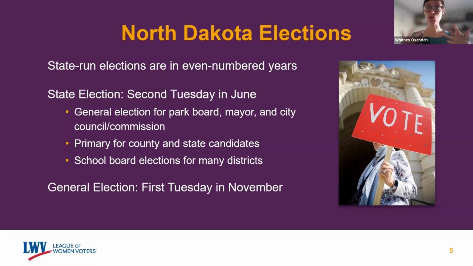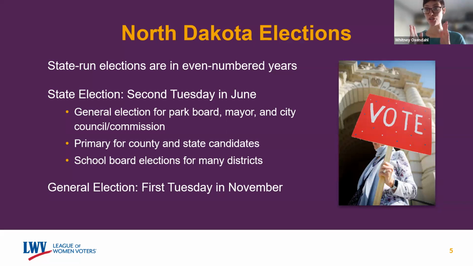First up, you have to know when you're going to be running. So North Dakota elections, there are state-run elections run in even-numbered years. So next year is 2024. We will have 2 state-run elections. The first one is the second Tuesday in June. Next year, it's June 11th. This is the general election for park board, mayor, and city council and commission.